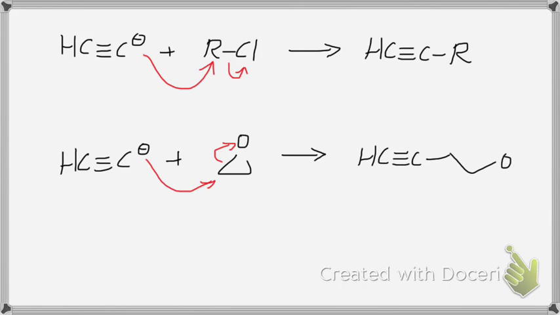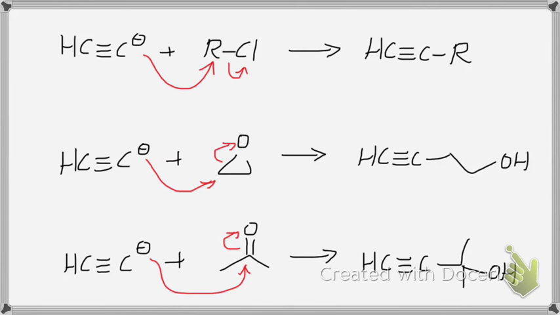The second reaction for acetylide is the reaction between the anion and an epoxide. Acetylide can open the epoxide ring to make an alcohol with 2 more carbon atoms than the alkyne. The third reaction is the one we just talked about, nucleophilic addition to the carbonyl, and it makes an alkynyl triple bond with alcohol.